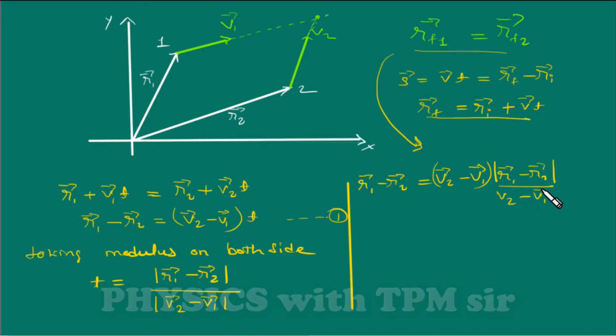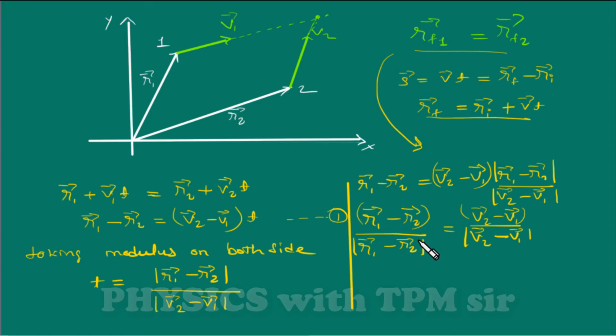By arranging this equation, we will get (r1 minus r2) divided by modulus of (r1 minus r2) is equal to (v2 minus v1) divided by modulus of (v2 minus v1).